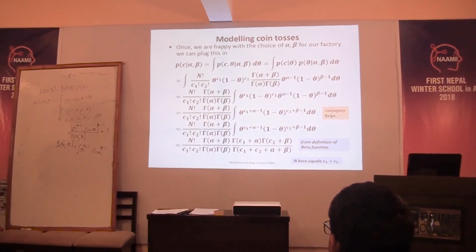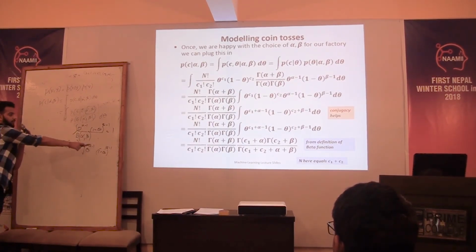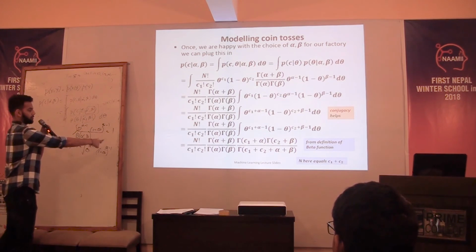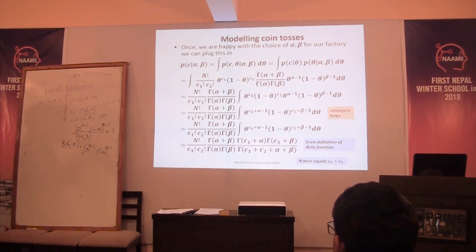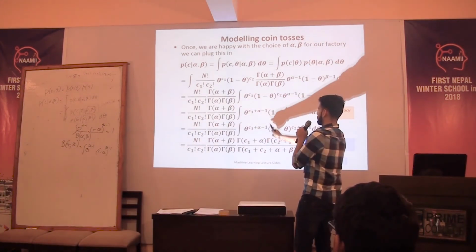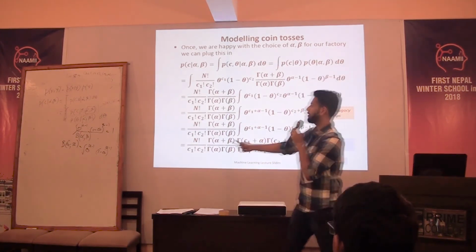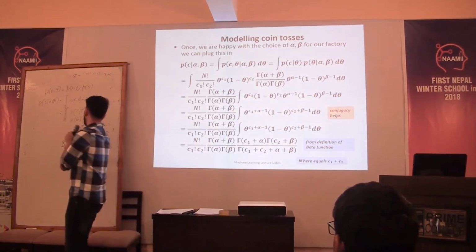So if you have any function of theta to something times 1 minus theta to something, you can write it as a B of alpha comma beta. We have exactly that on this side: theta to some term and 1 minus theta to some other term. So you have to find out what this alpha and beta are.